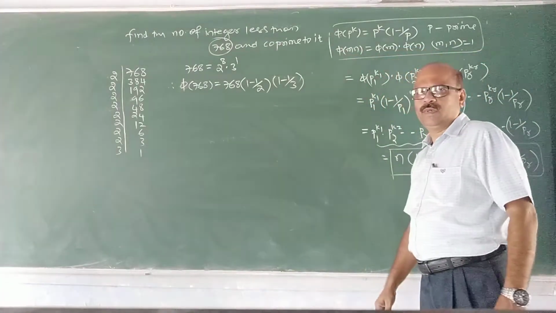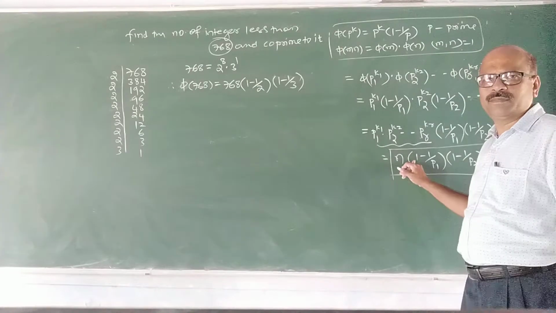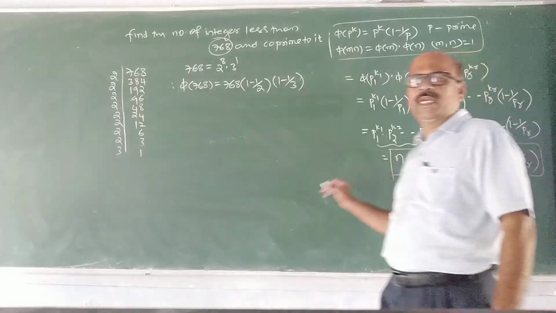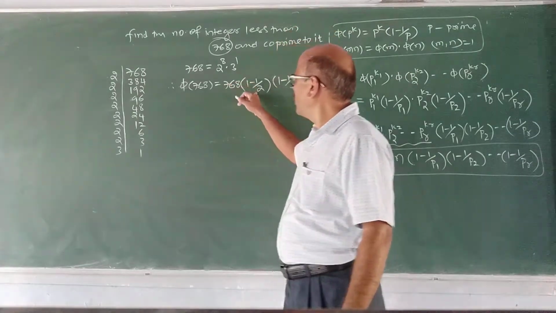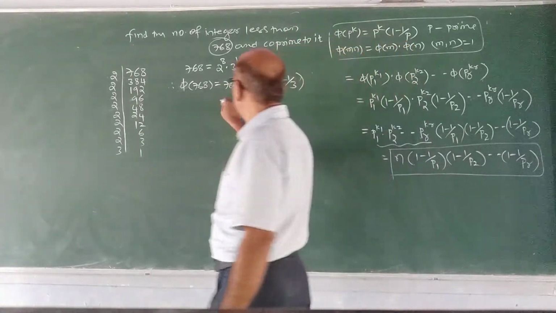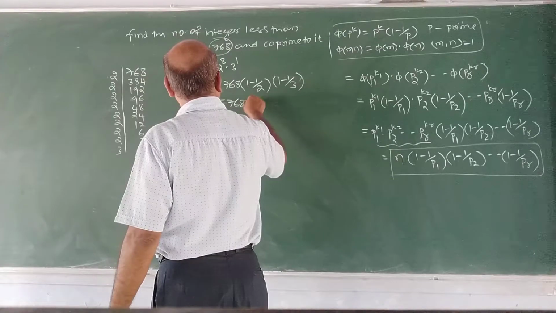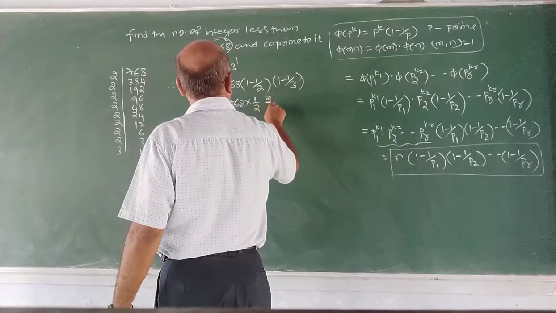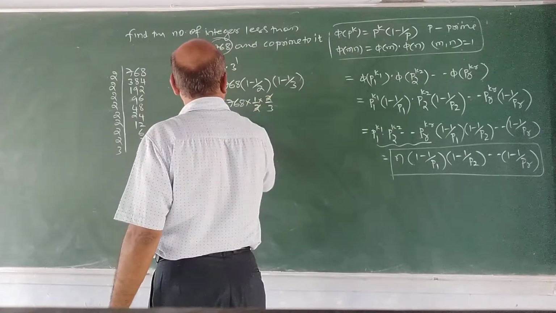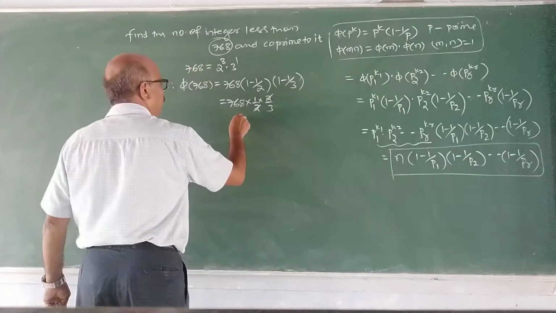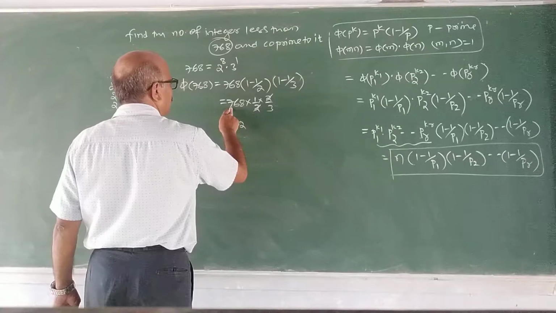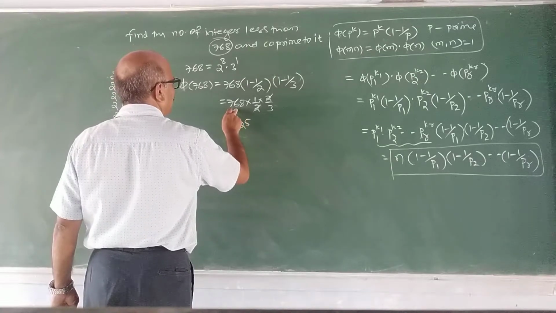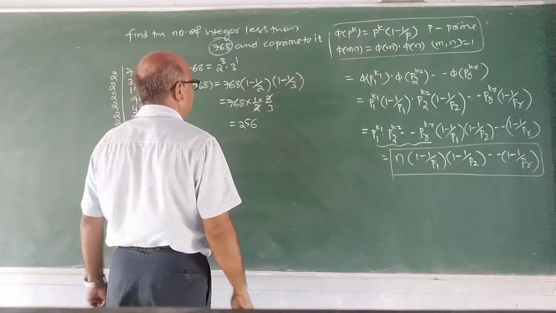N into 1 minus 1 upon p1, 1 minus 1 upon p2. 768 into 1 by 2, 2 by 3. 2 cancels. 3 into 2, 6. 3 5 the 15, 3 6.